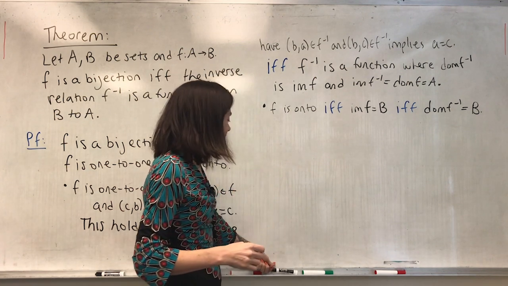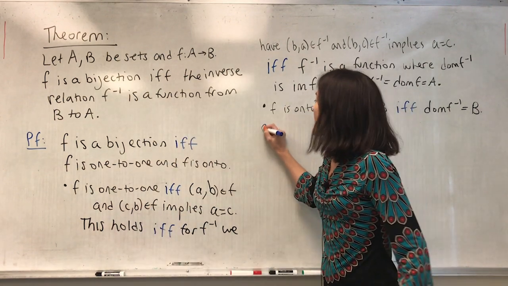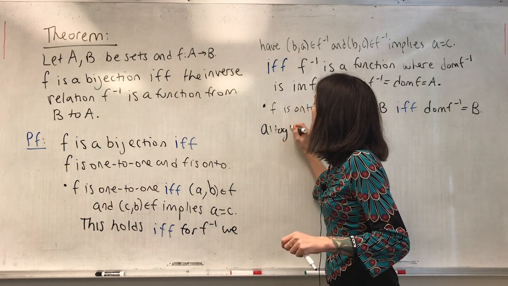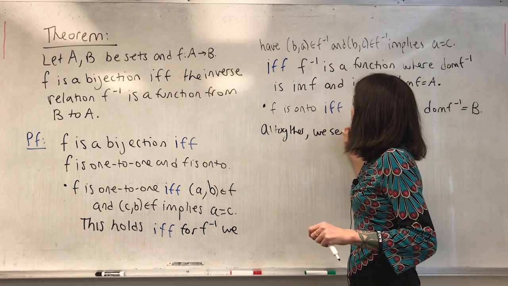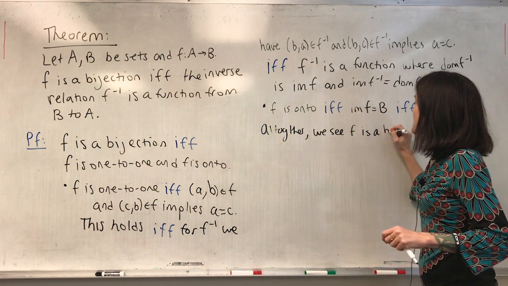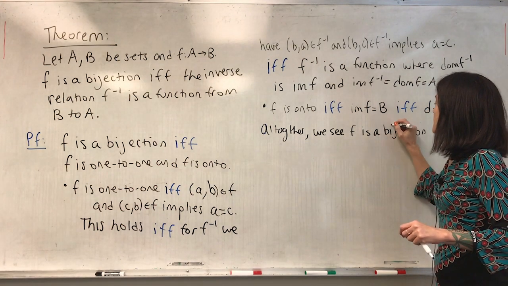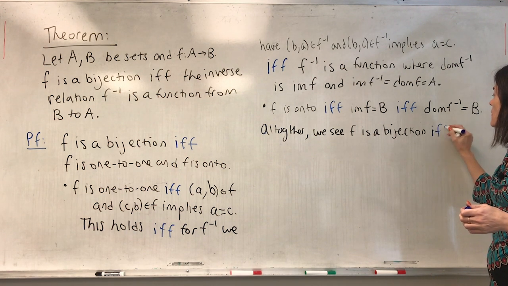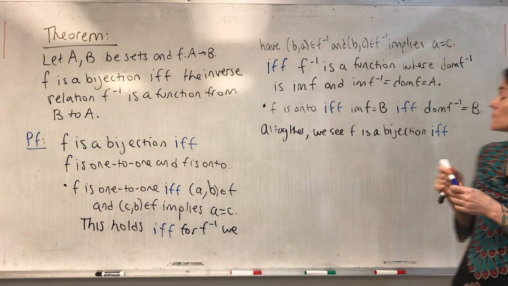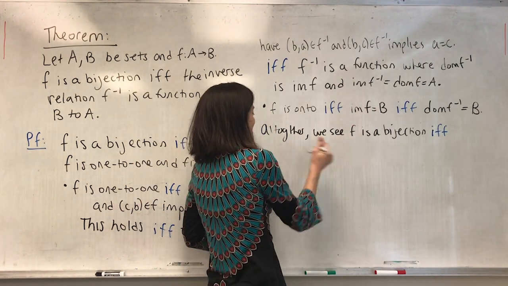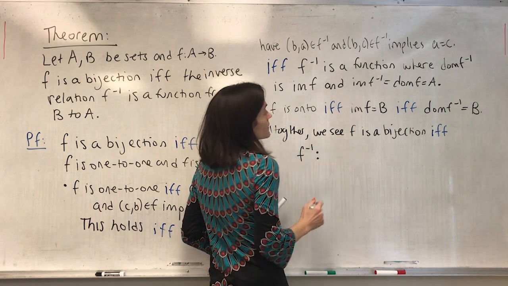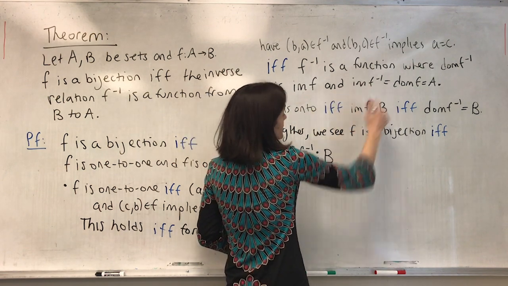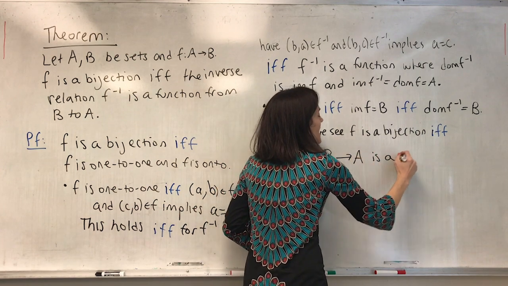Okay, so now let's put this all together. All together, we see f is a bijection if and only if f inverse, well, the domain of f inverse is B. Here it says the image of f inverse is a function.